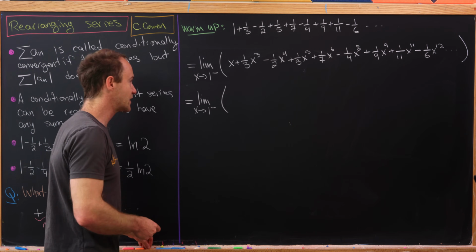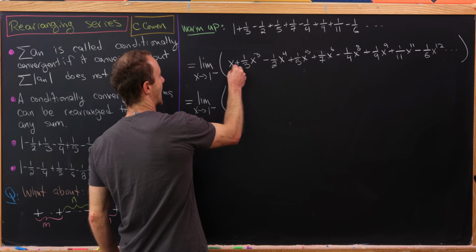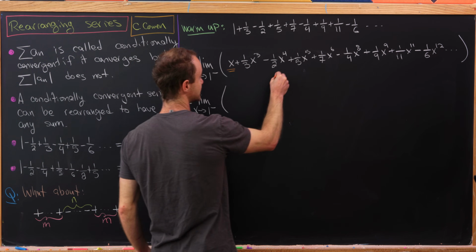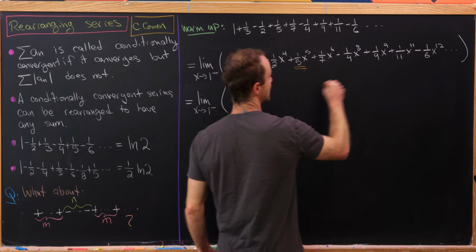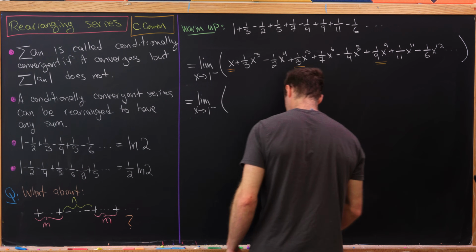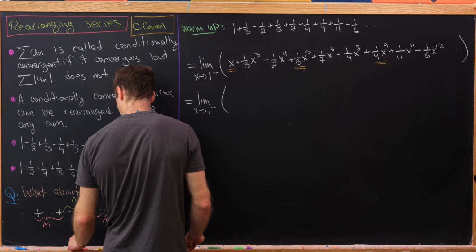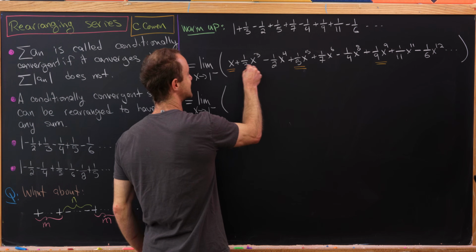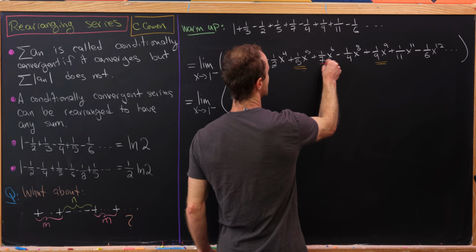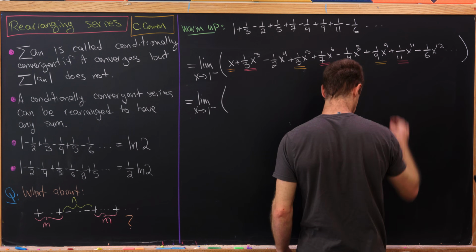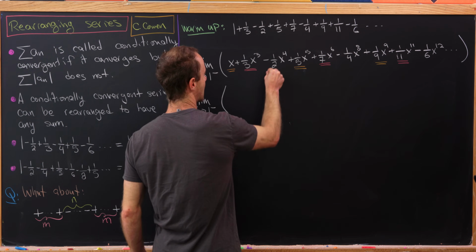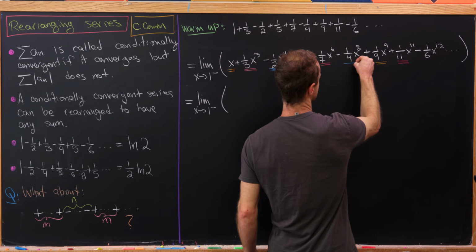So we have the limit as x goes to 1 from below. And then, here's the grouping that I'm going to do. I'll group each first positive term with each first positive term. And then after that, I'll group each second positive term with each second positive term. And then finally, I'll group all of the negative terms together.